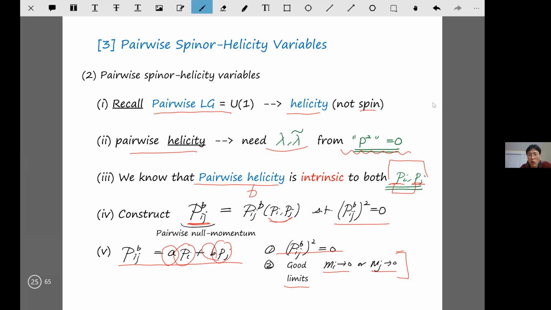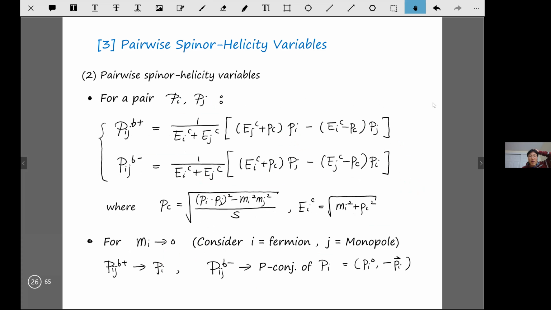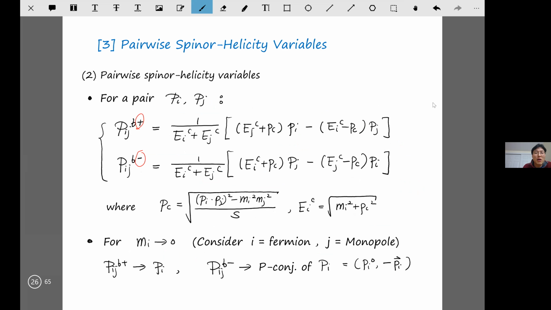So if you try to find a solution to this property, you end up finding basically two independent solutions up to normalization factors, which I call P flat plus and P flat minus. Again, as I promised, it is just a linear combination of fermion and monopole momenta.